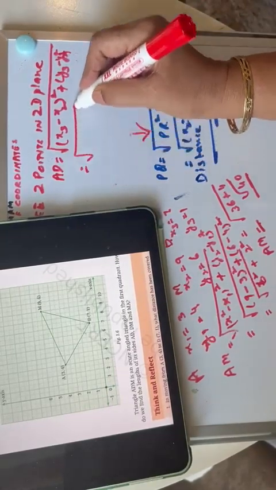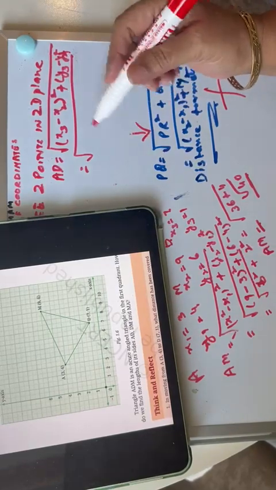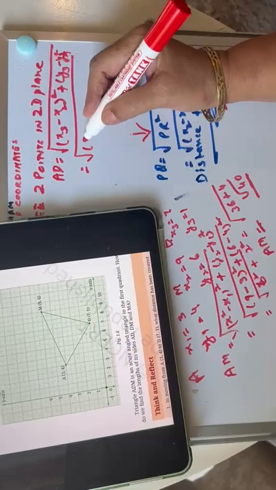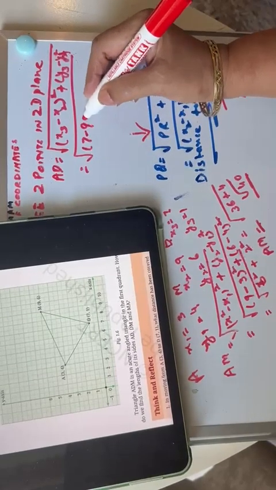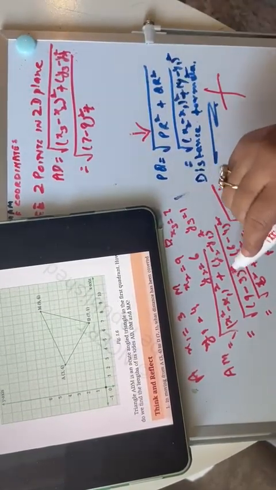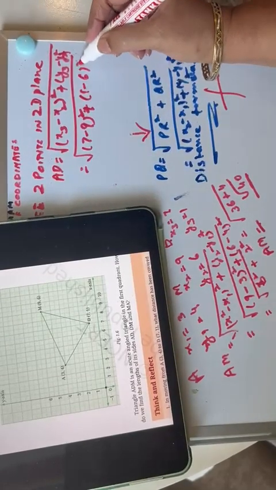This is 7 minus 9 square plus 1 minus 6 square.